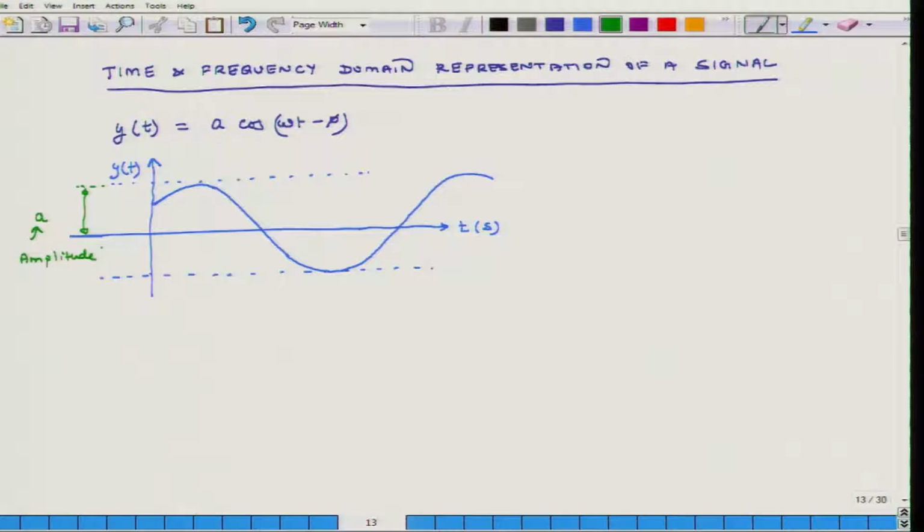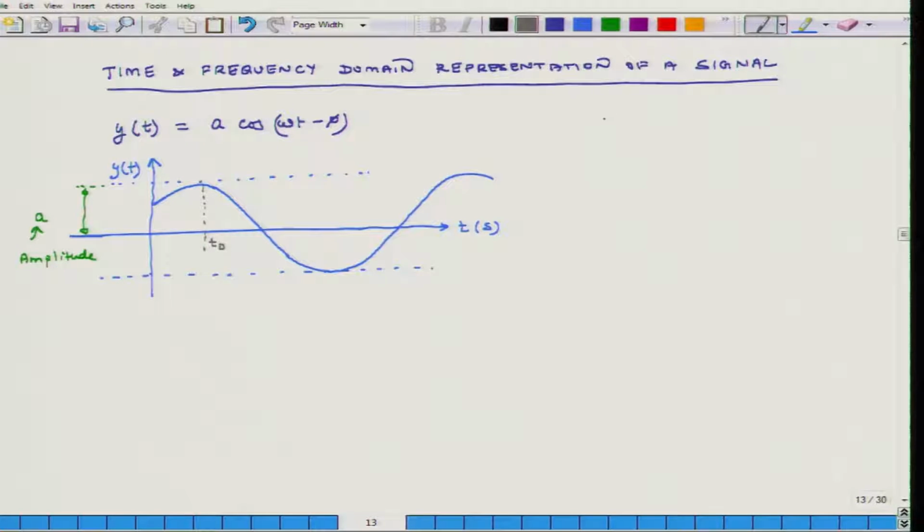So, we are discussing a very simple sinusoidal or cosine signal. Okay. The other thing to note is that this signal is not maximum at time t equal to 0, rather it is maximum at some instant of time, and let us say this time is t naught. So, at what time does this signal get its maximum position?